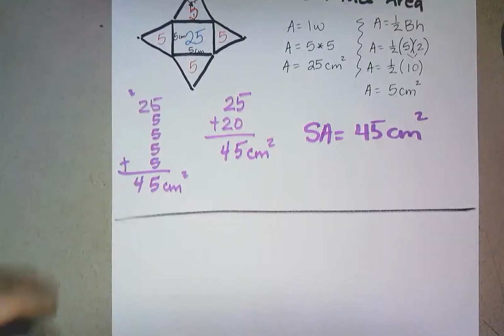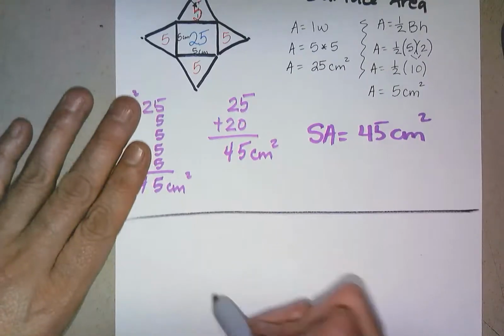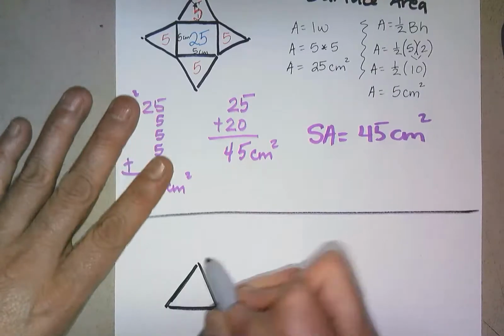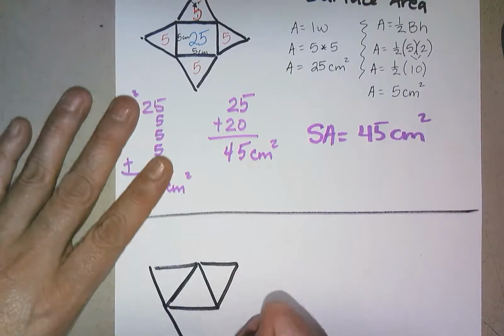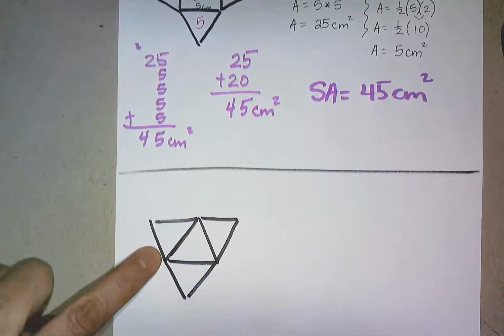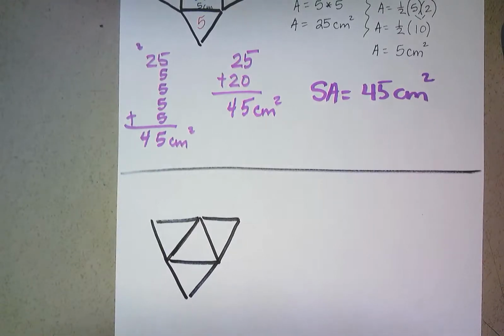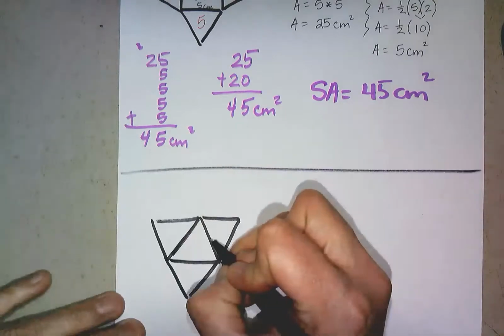Okay, we got one more shape here to go. Okay, let's see. And this one is my triangular pyramid. All right, let's see. Let me make the triangle's height right here.